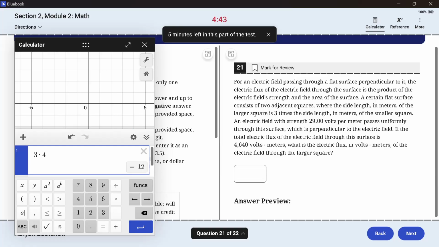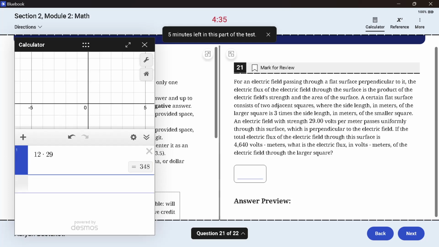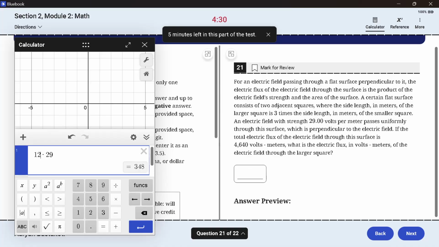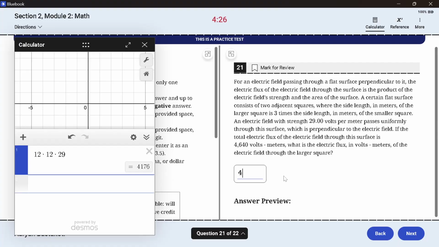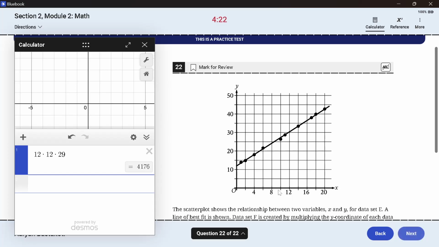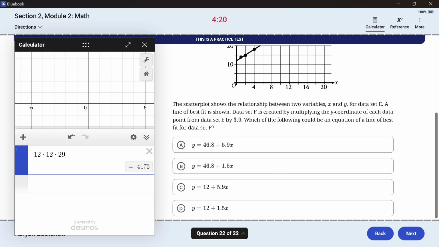And 12 times 29 is the electric field strength passing through the bigger square. So it's 12 times 12, since it's squared, so 4176 is the answer.